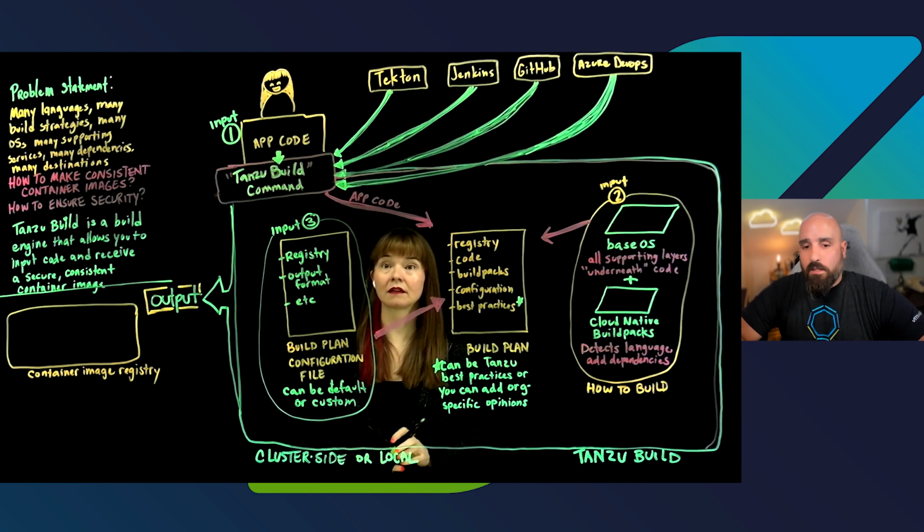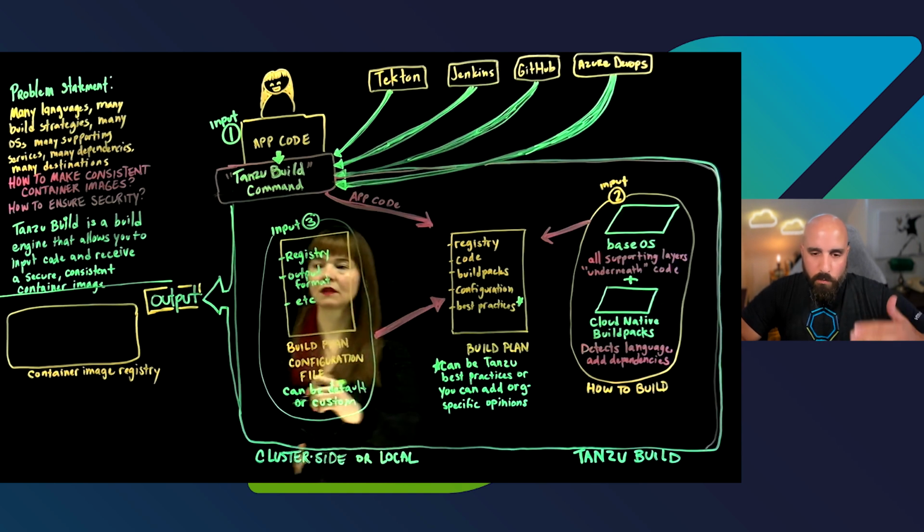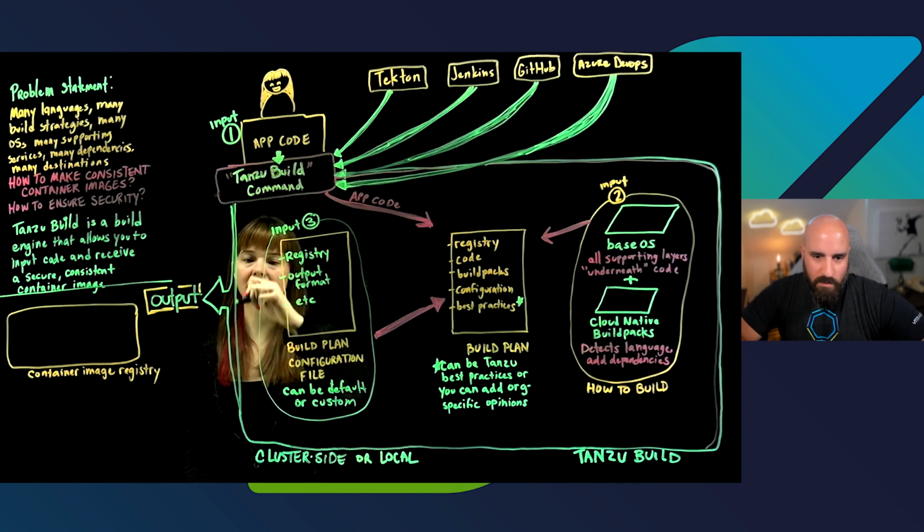But as part of that build, the build process will reuse layers and reuse configuration on the second build to make it fast. So on the first one, it can be longer, and it's going to be shorter later on.